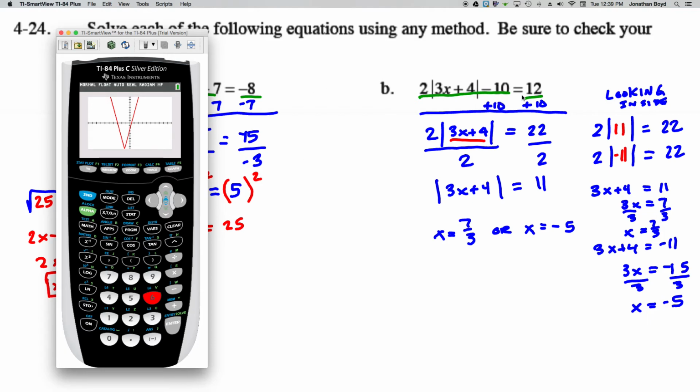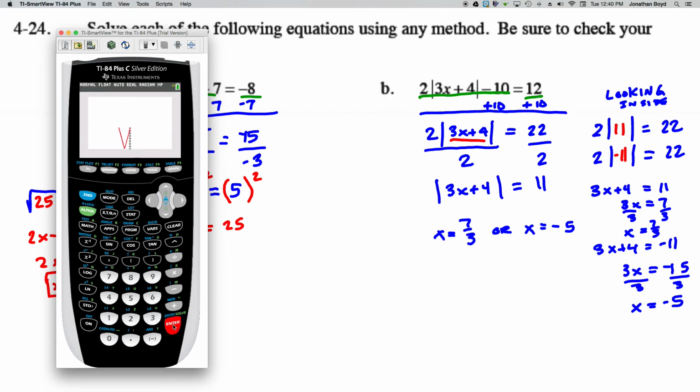With our numbers, these numbers are outside of my standard viewing window. My highest point here for y is 10, but over here my equation would have given me y equals 12. So you can either zoom out or you can, actually let's do that, we haven't done that yet. Let's zoom out, let's just do a zoom 3.